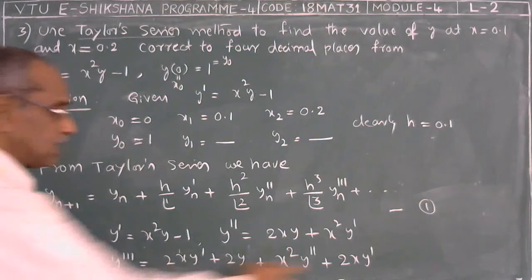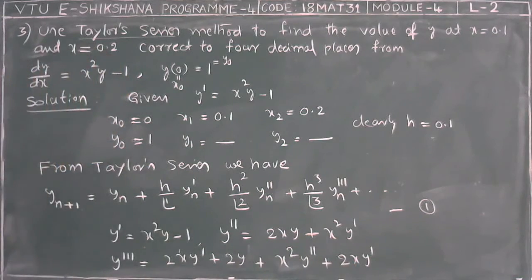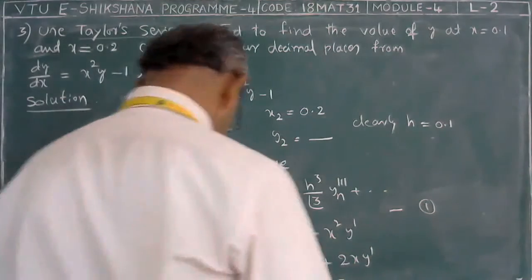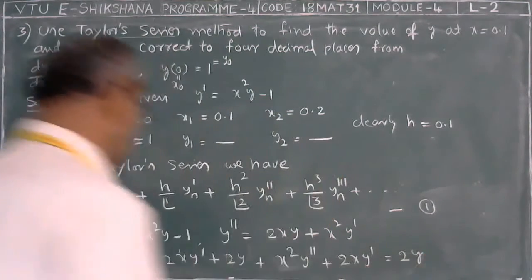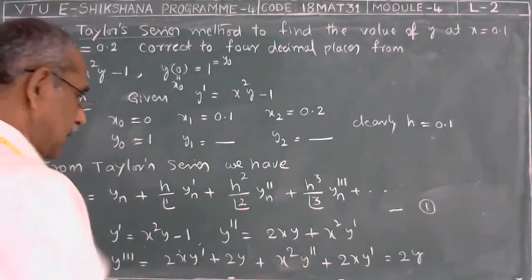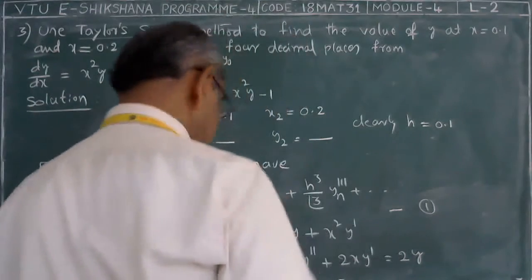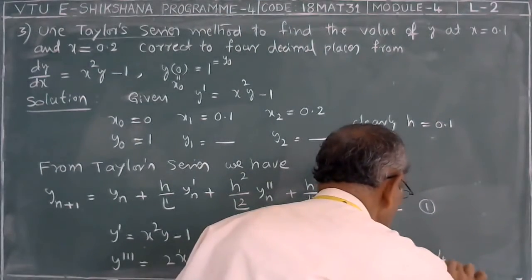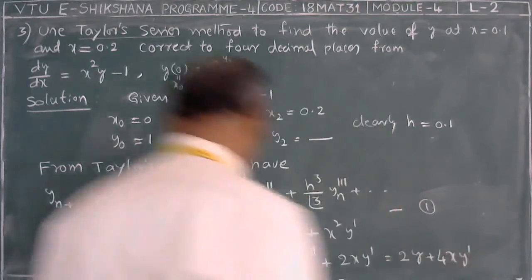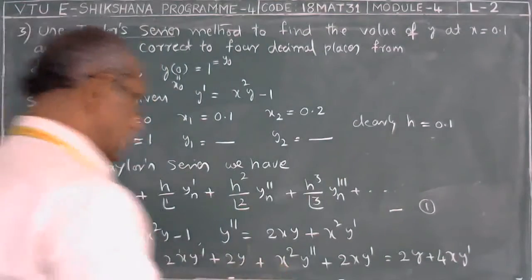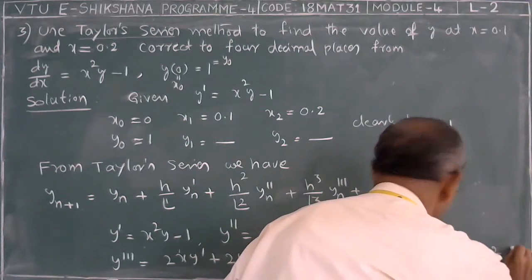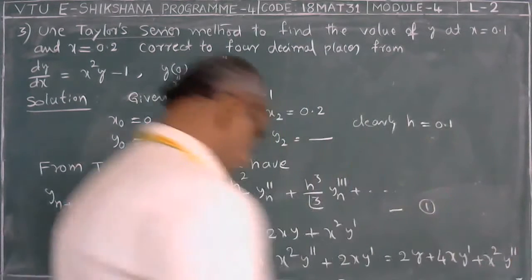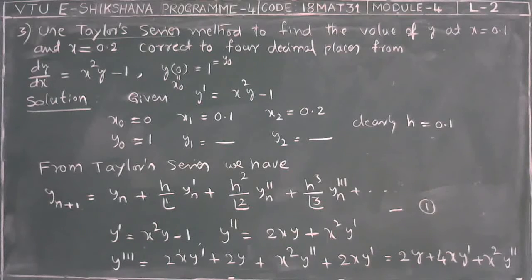So 2x y dash makes 4x y dash. So you can write this as 2y plus 4x y dash plus x squared y double dash.